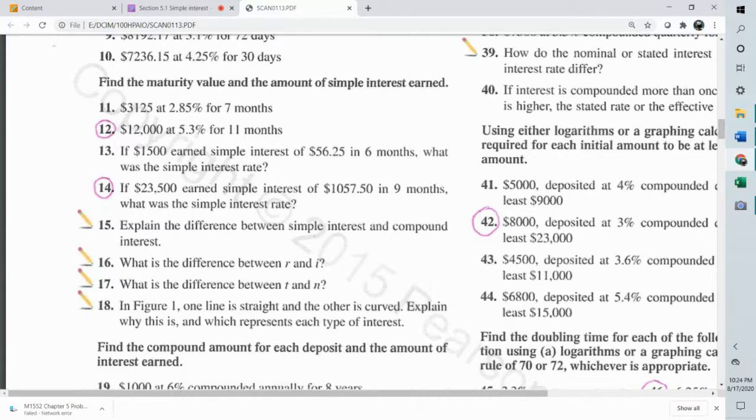So it is simple interest, and we have the starting amount, $23,500, and interest of $1,057.50. We don't have the total amount at the end. We have the starting amount and the interest, which means we'll use I equals PRT.